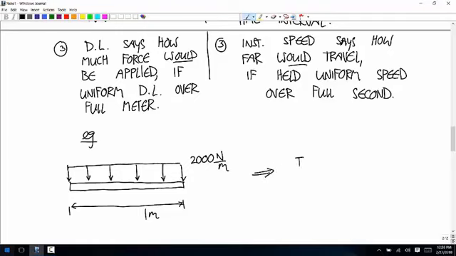And that means that the total force applied is 2,000 newtons. Any questions about that yet?